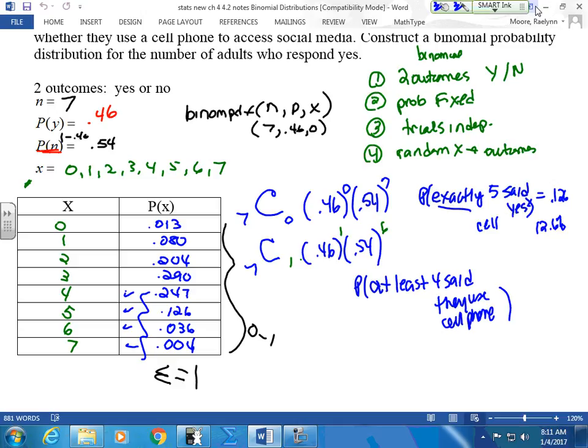This in itself is mutually exclusive. Each one of those boxes, it doesn't overlap. Unlike theirs, where theirs overlaps, ours does not. It's the probability of just them saying yes for their cell phone. It's always a little bit confusing because that one doesn't add up to 100, but this one has to add up to 100. So when we ask a probability now, you have it right in front of you.